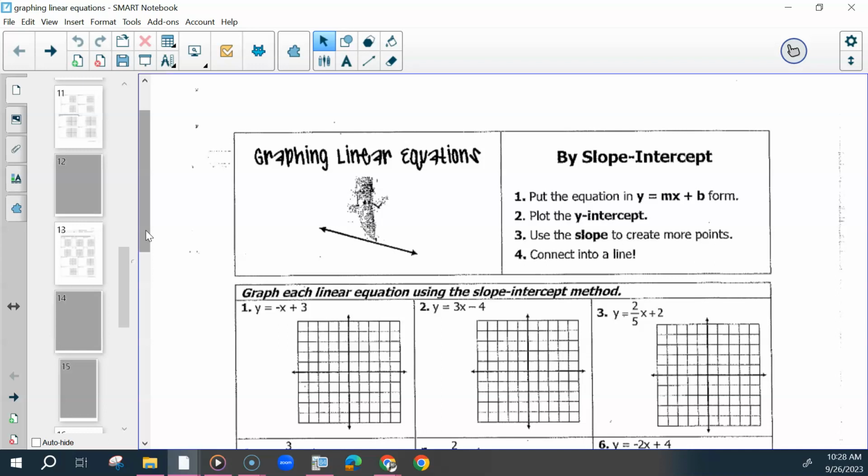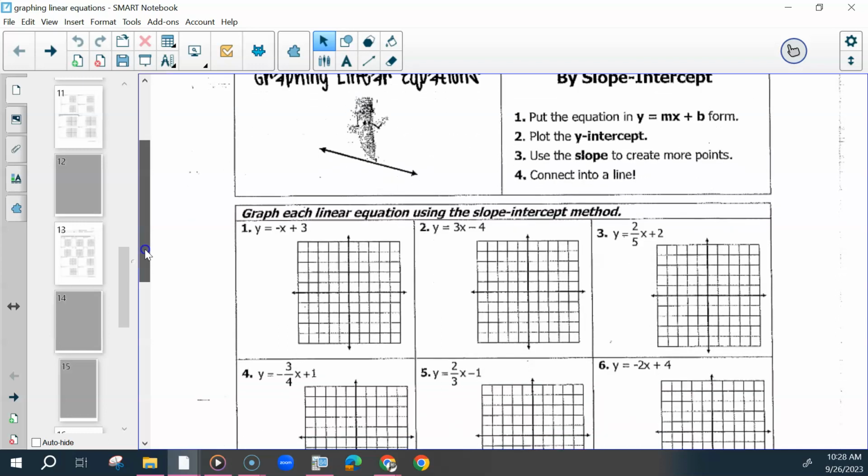Plot the y-intercept because that will be the easiest. We can spot that easily. Then we're going to find our slope and plot that. So before we were finding our slope from a graph, now we're going to actually graph the slope. Then we're going to graph as many points as possible on the slope. And then once we have all of our points, we connect them with a line. So let's try this first one.